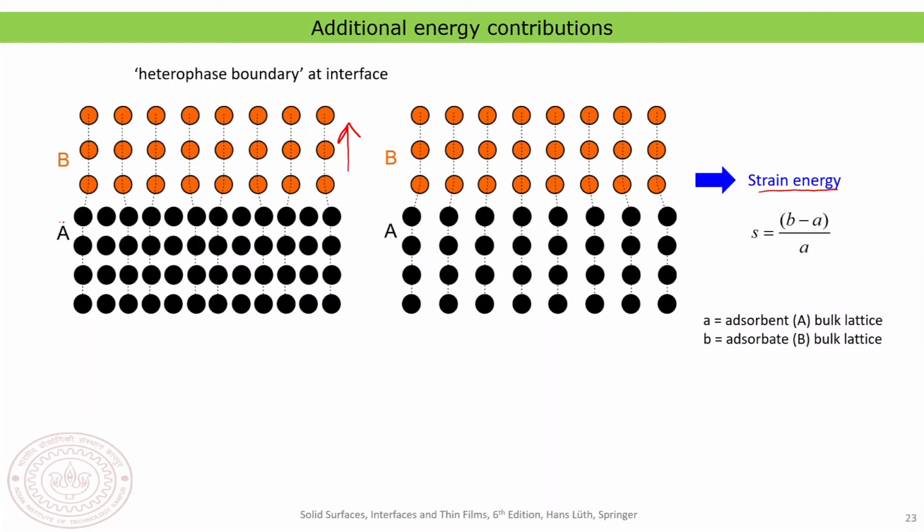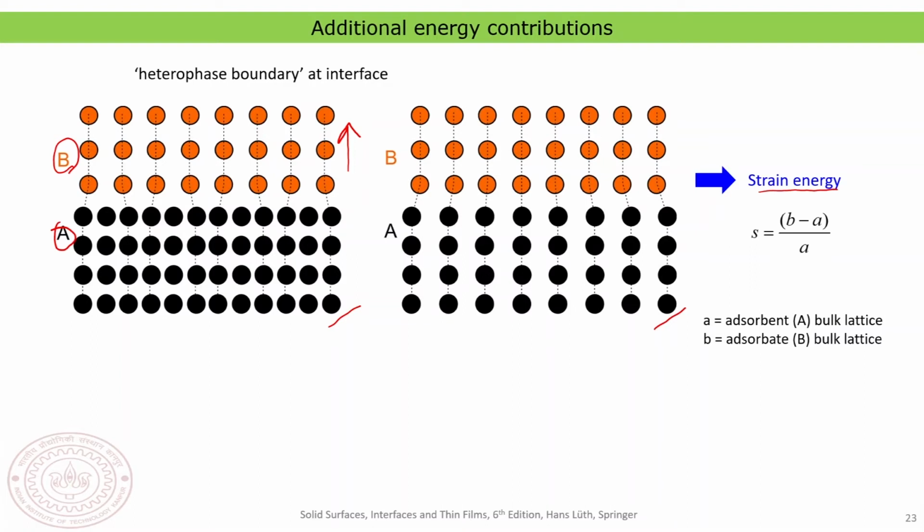Here A is the surface and B represents the adsorbate layer, and I am marking 2 different situations. The first is where the lattice mismatch is very large, and the second is where the lattice mismatch is moderate.